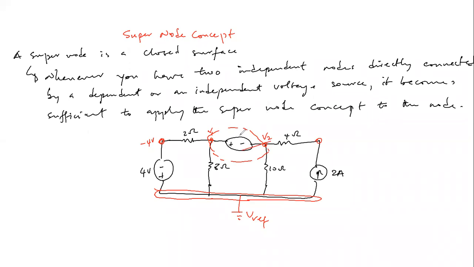So we have an independent voltage source in this case. What if it is a dependent voltage source?